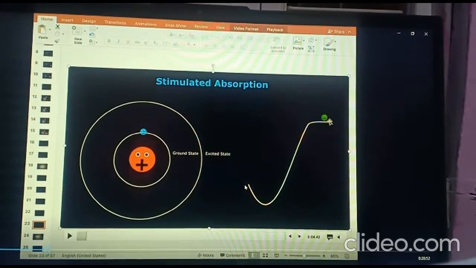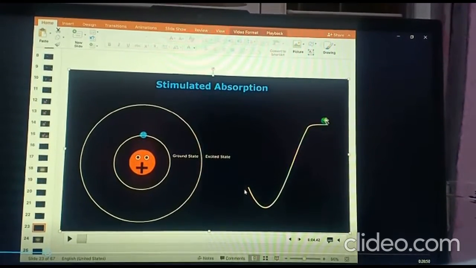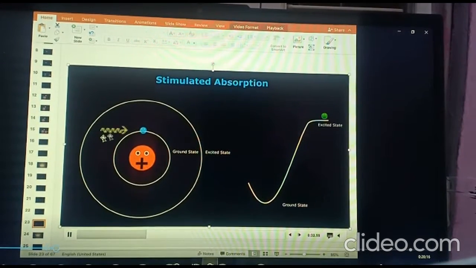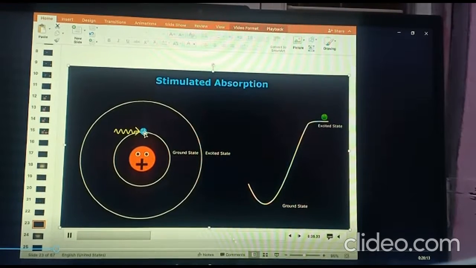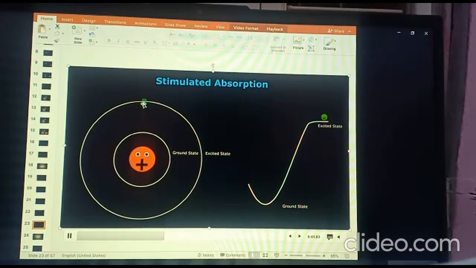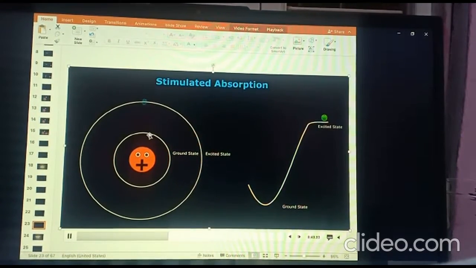Okay, so let me show you. Here we are giving the photon, the photon is coming and the electron is reaching the excited state; the photon is getting sacrificed.